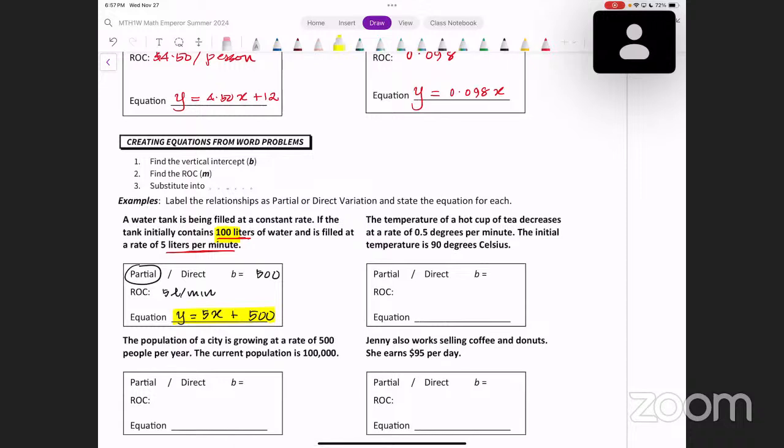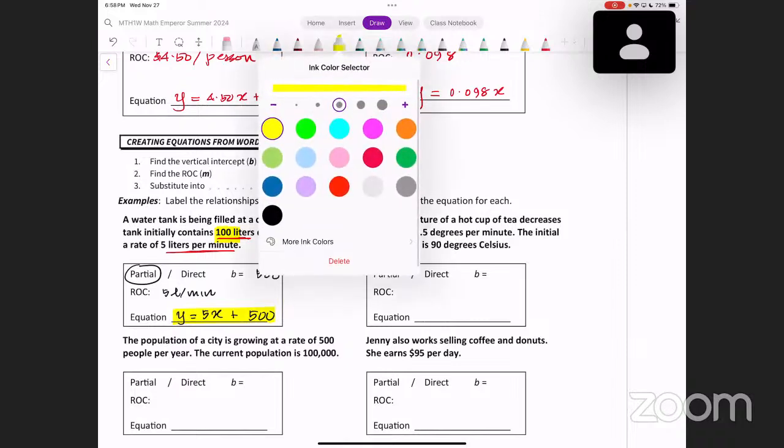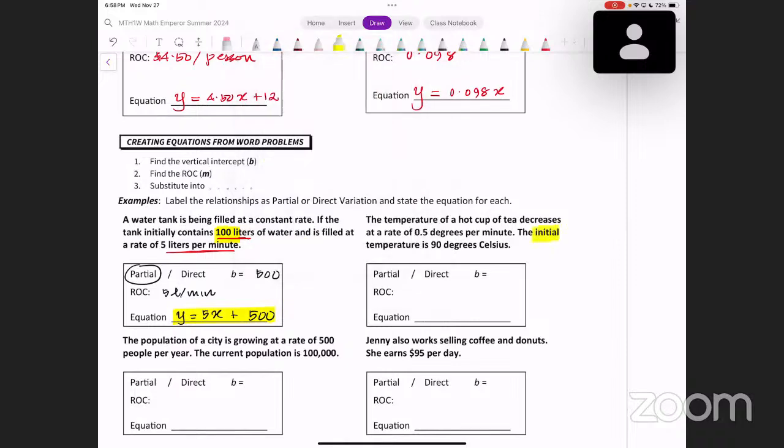All right, so I'm going back to Akshara. What do you think about the next example? The temperature of a hot cup of tea decreases at a rate of 0.5 degree per minute. The initial temperature is 90 degrees Celsius. Partial or direct? Direct. You see that initial is a keyword. Remember, you might need to be taking notes, right? Initial.